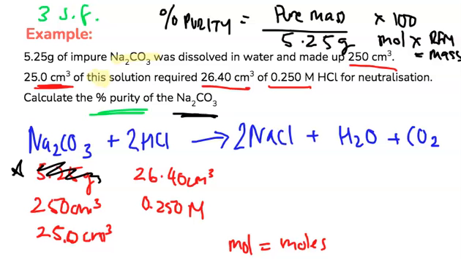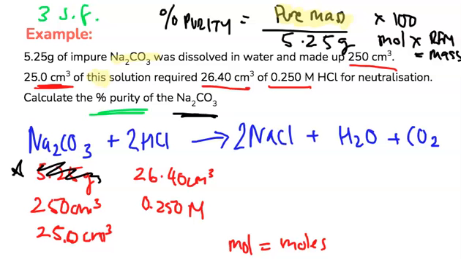So that's the aim for this calculation now. We want to get the moles of sodium carbonate so we can work out that pure mass, okay? Now I'm just going to leave that there as a reminder that's what I'm aiming for, because if you ever get lost along the way, have a look at what your final step needs to be and you can check in and see how close you are, okay?